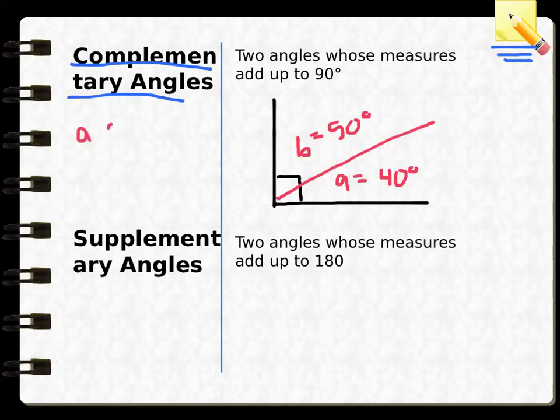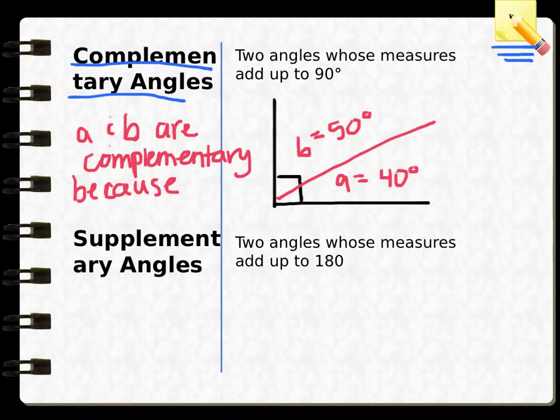Angle A and B are complementary, because A plus B is equal to 90 degrees.